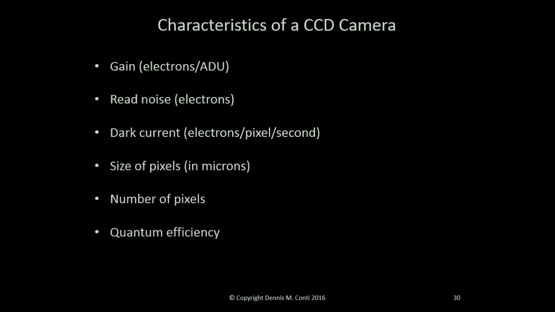Then there is the number of pixels, both in the X and the Y direction, on the CCD detector. And as we discussed in the previous module, the quantum efficiency of the CCD detector. So these are 6 characteristics that define a CCD camera that it is important for you as the exoplanet observer to know and understand.